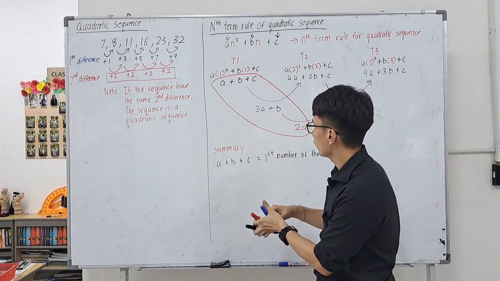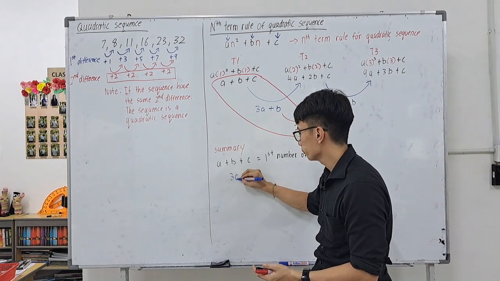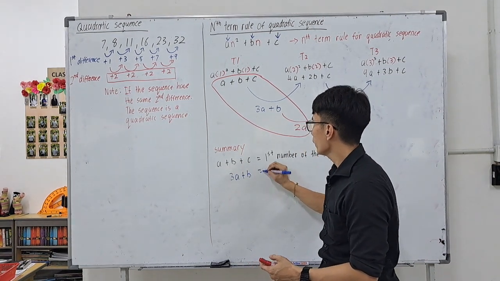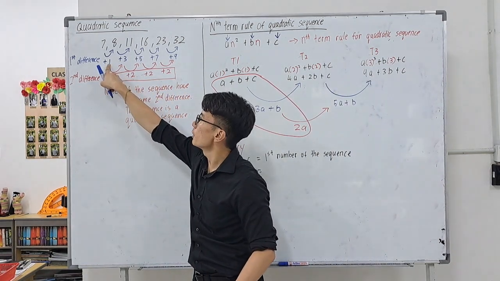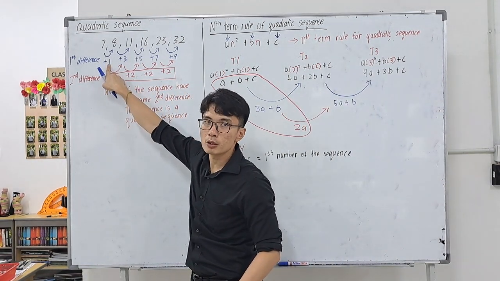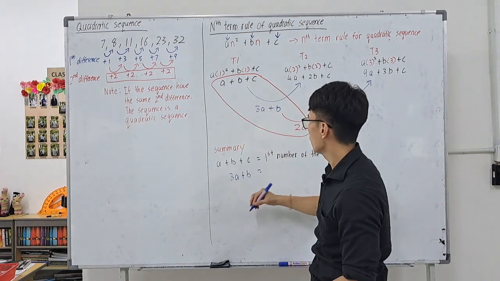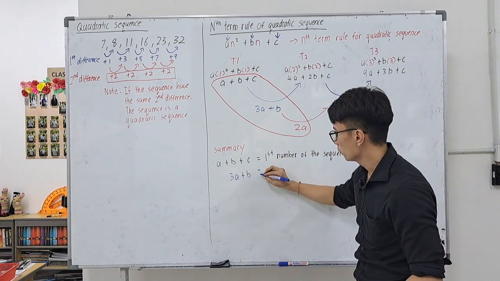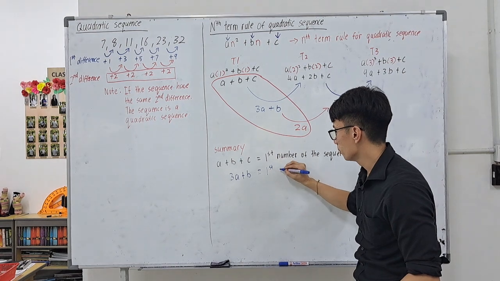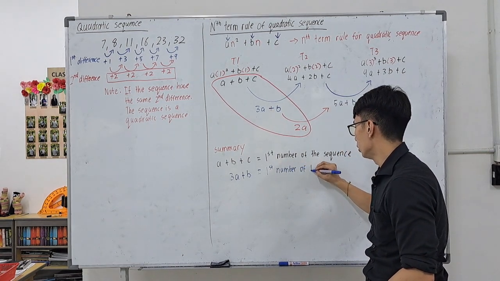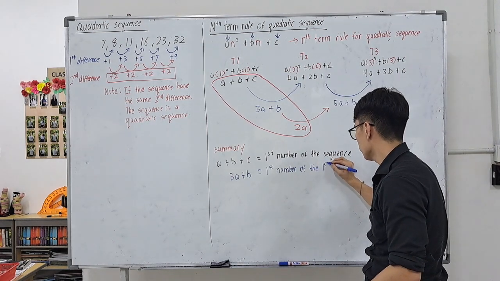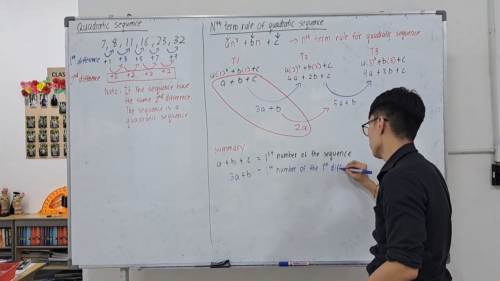And then my second one, I have my 3A plus B. This expression is equal to the first number of the first difference.